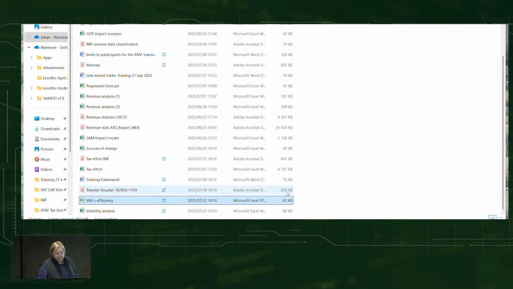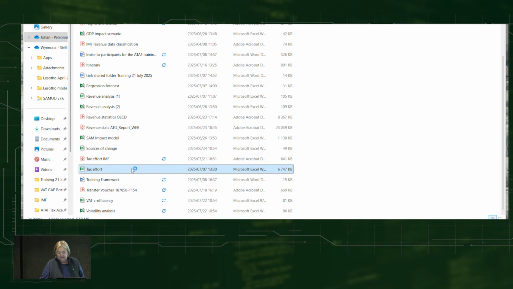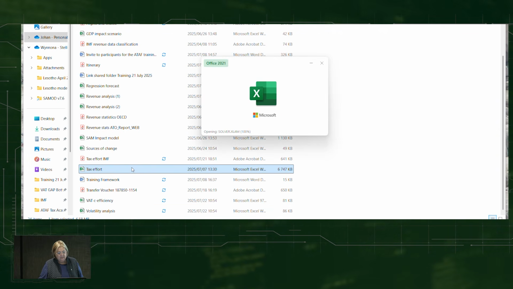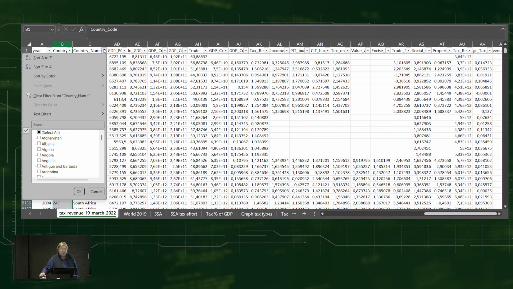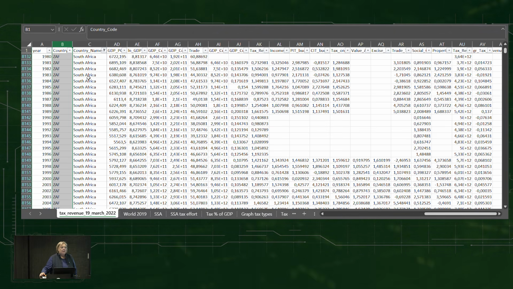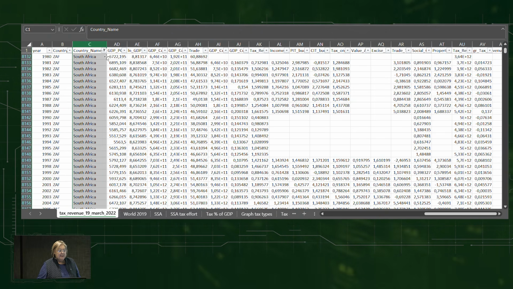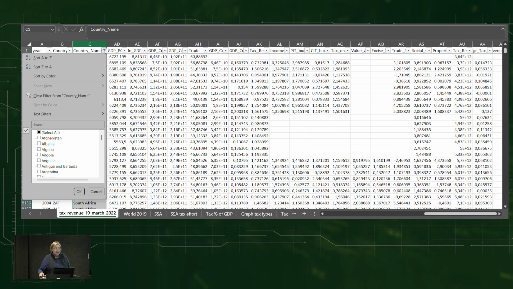Okay, so can I close this? Okay, so please open up your tax effort Excel file. There it is. So you have to go to column B and select all, and then go to column C and select all the countries.